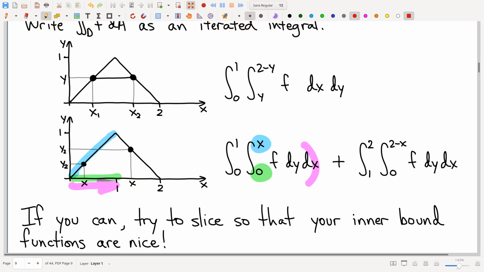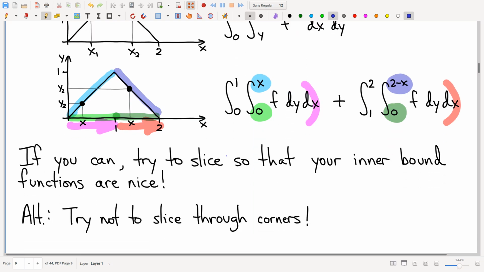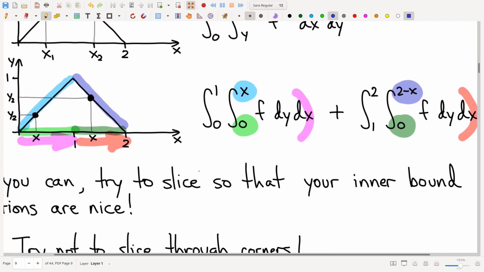But then for this range of values of x, from 1 to 2, it's still the same sort of lower bound curve for y, but now this is where I pass through that corner, and it's a different curve with a different equation that gives me a different upper bound for y. Algebraically, I have to write that as two separate integrals.